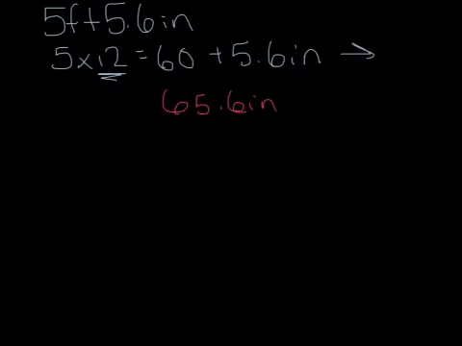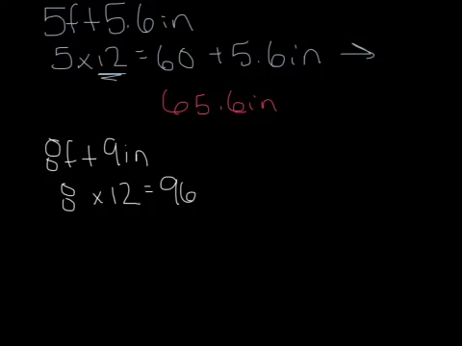Then we have to deal with his shadow. His shadow is 8 feet, 9 inches long. We do the same factor of 8 times 12 to give us the number of inches. 12 times 8 is 96 inches plus 9 inches gives us 105.